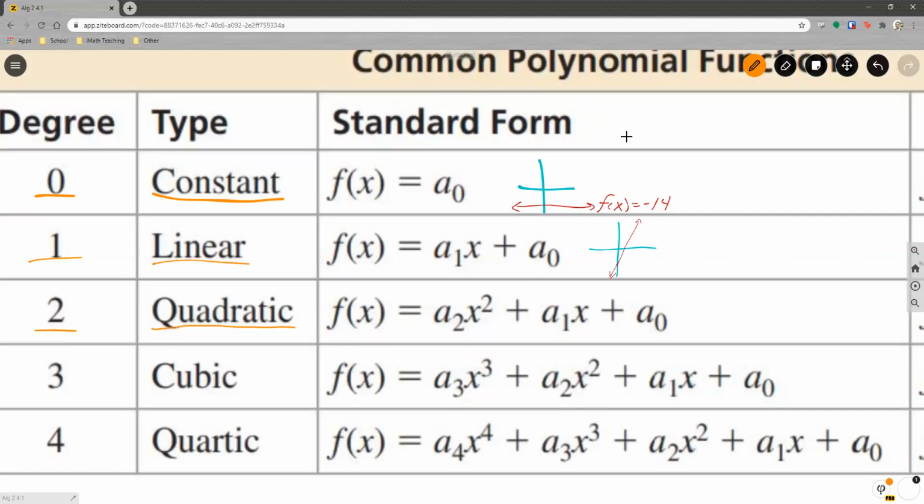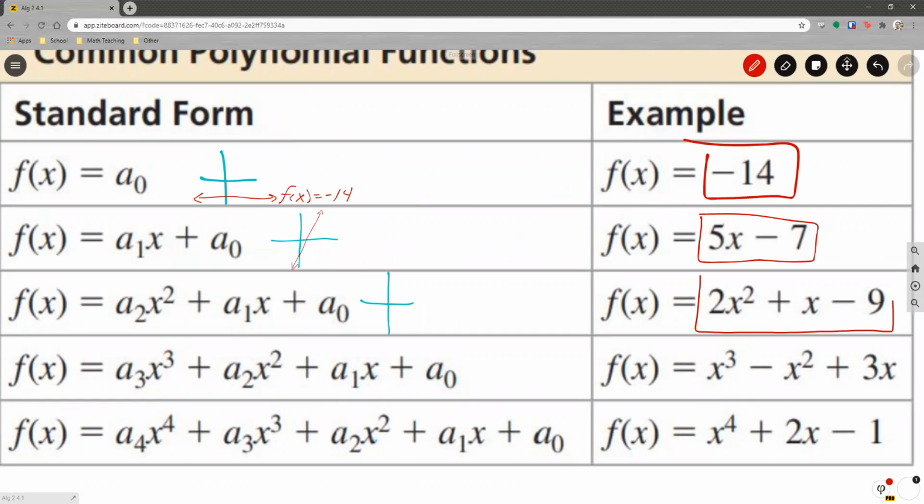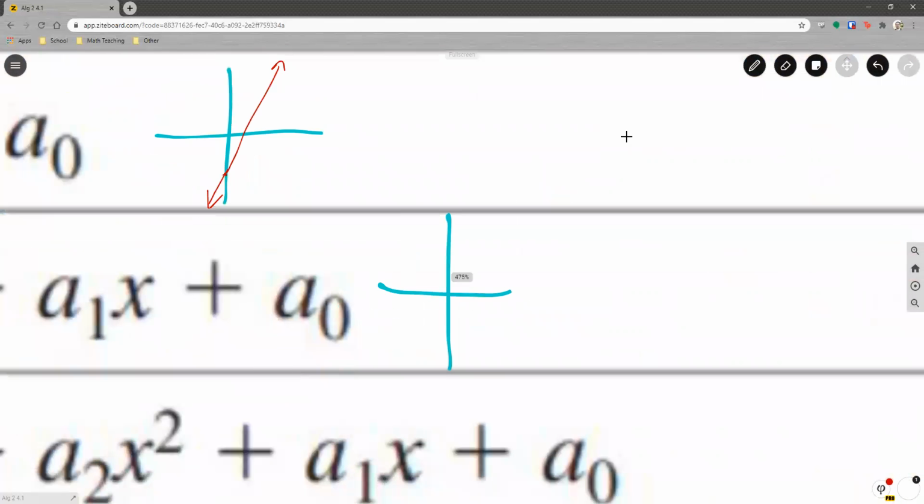Next up, we've got a second-degree polynomial. We call those quadratics. That's what we've been dealing with for the last 2 chapters. And again, if I were to graph that, I could just look at my quadratic function. We have standard form over here. We know what the a, b, and c values do. My c value is -9, so my y-intercept is somewhere down here. My a value is +2, so I know it's going to be a quadratic that's shaped like this. And my b value, I think, was +1.